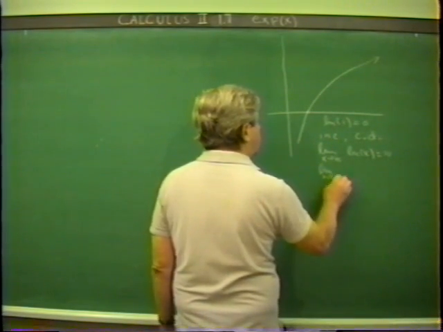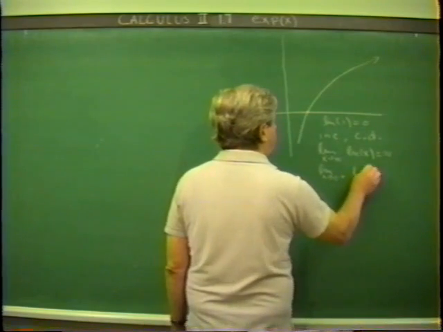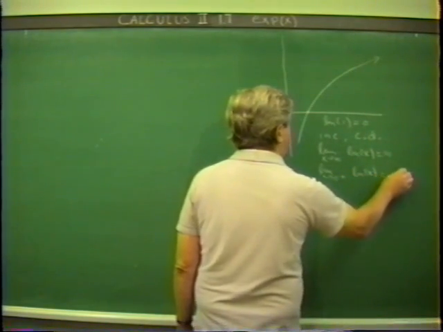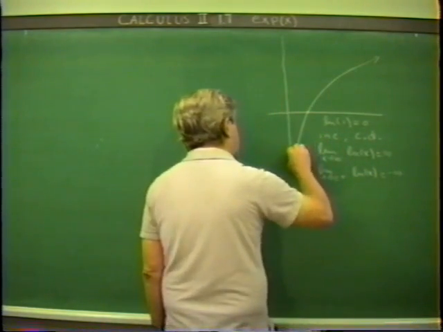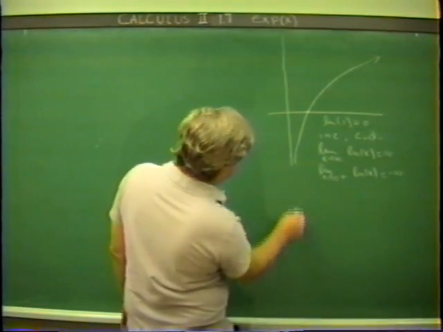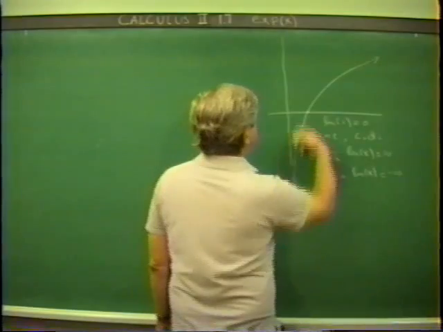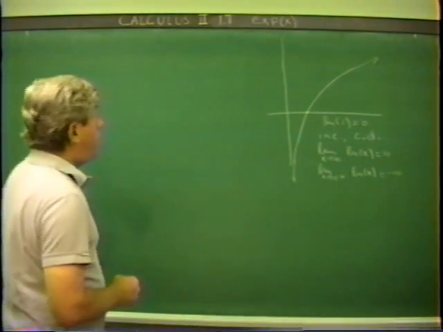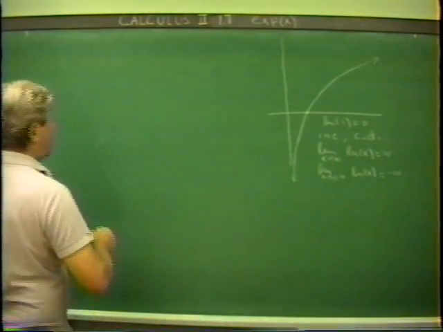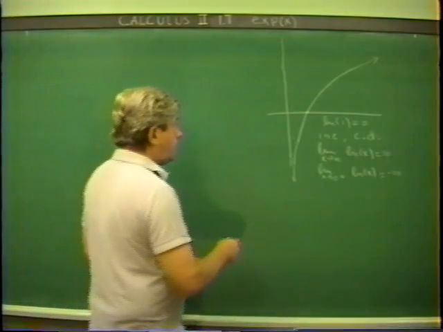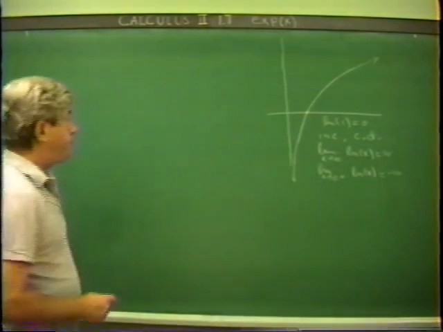We want to see now that the limit as x approaches 0 from the right of ln of x is minus infinity, so that this becomes closer and closer to the y-axis and gets more and more negative. And this is going to allow us then to talk about the exponential function.